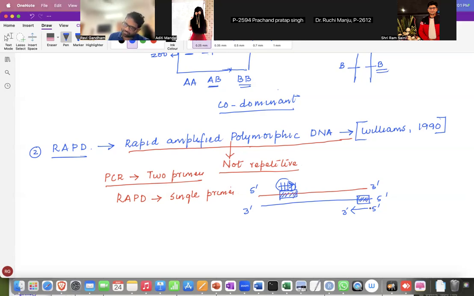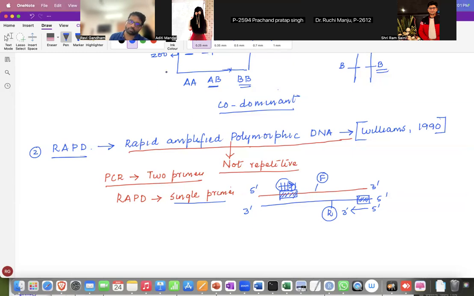The single primer that binds to your forward strand, let's assume this to be forward and this to be reverse, would again bind to your reverse strand in the reverse direction, because the primers are designed for regions that are repeated and reversed in the opposite strand. Now, how does polymorphism exist?